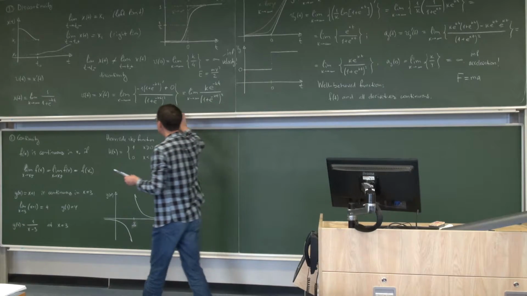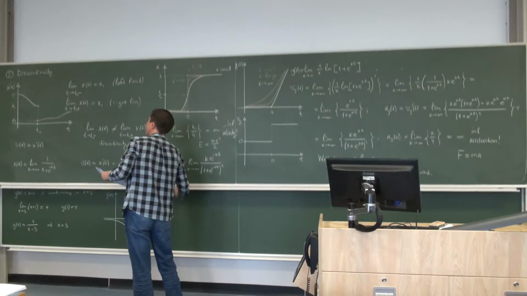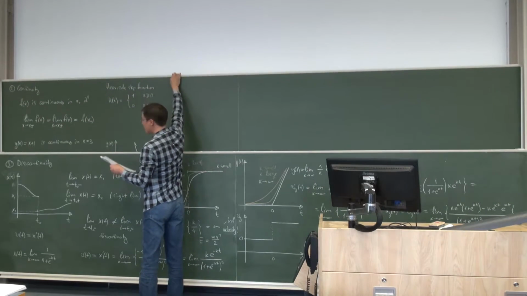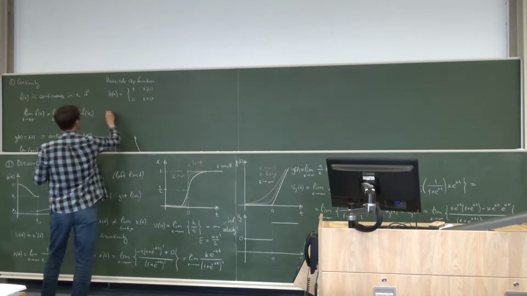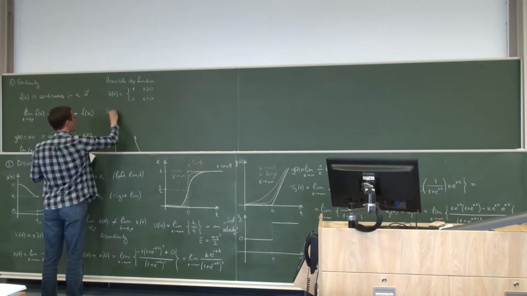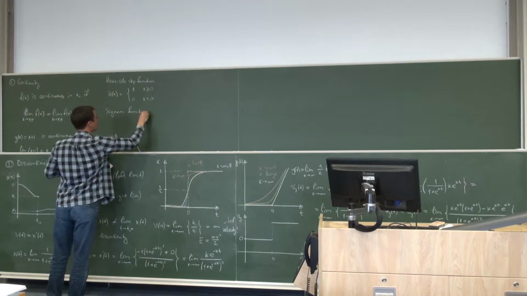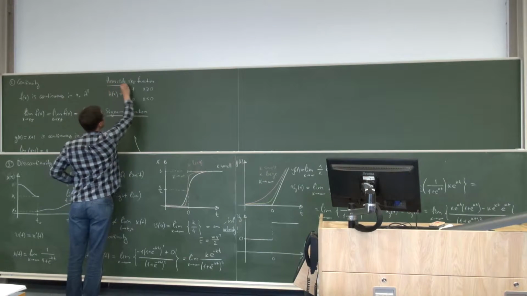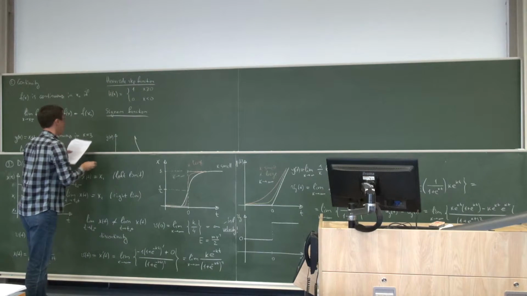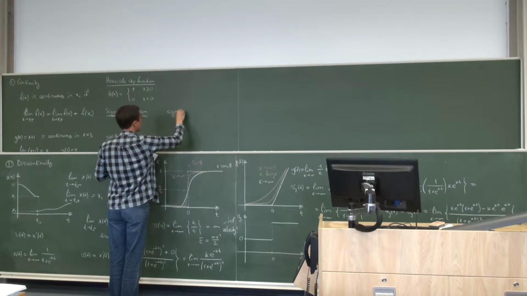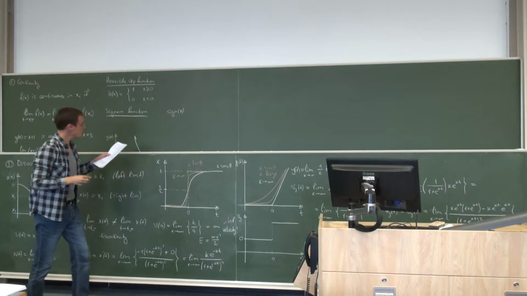The second one is called signum, because it returns the sign of its argument. And it has the following notation.